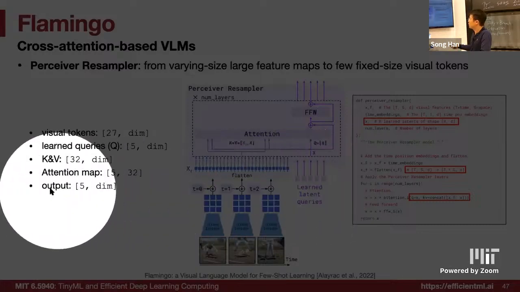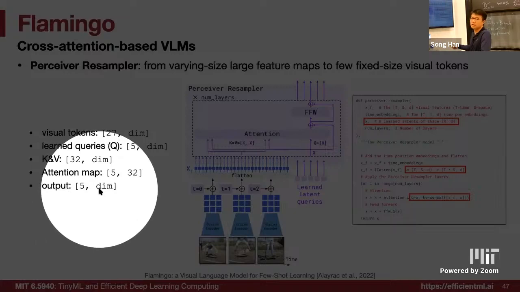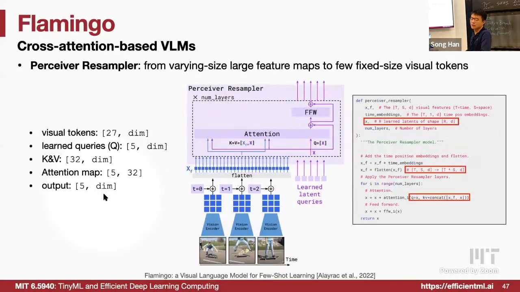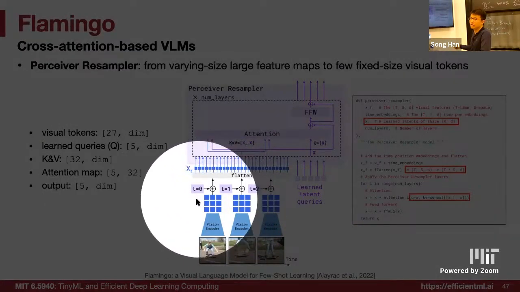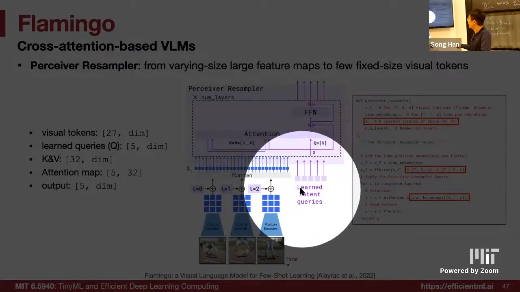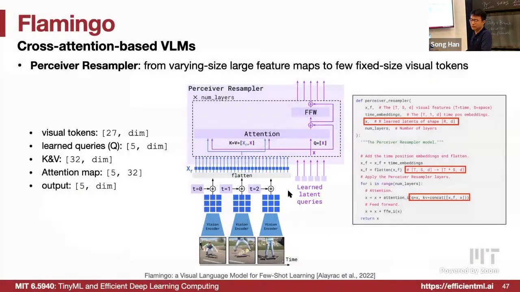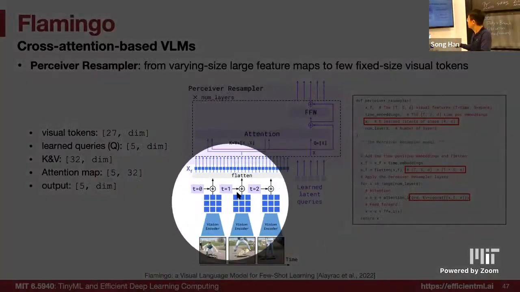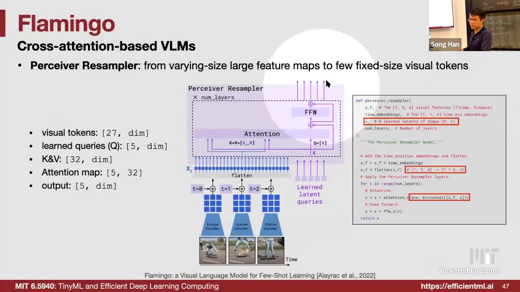Therefore we have a fixed size of output, 5 times dimension. 5 is just an example here, but this shows we can treat different resolution, different number of tokens, different length of the video into the same fixed size input. After the perceiver resampler, no matter how many frames and tokens you have here, you get a constant number of outputs.